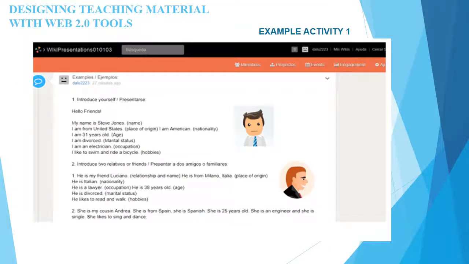For example, a student can go to the wiki and add his or her information. He can put in the wiki his name, for example, my name is Steve Jones. I am from the United States. I am 34 years old, etc. And then he can introduce relatives or friends like this, and he can add some pictures.